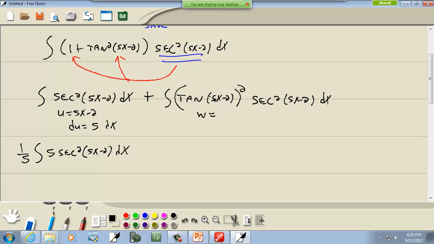We let w equal what's inside the parentheses. So w is equal to tangent 5x minus 2. dw, the derivative of tangent is secant squared. So this would be secant squared of 5x minus 2. But it's a chain rule, since we have more than a single x here. So we'll multiply times the derivative of what's inside the parentheses, which is 5. And then we'll add on dx. So this needs an extra 5 inside, so we'll offset it with a 1/5 out in front.